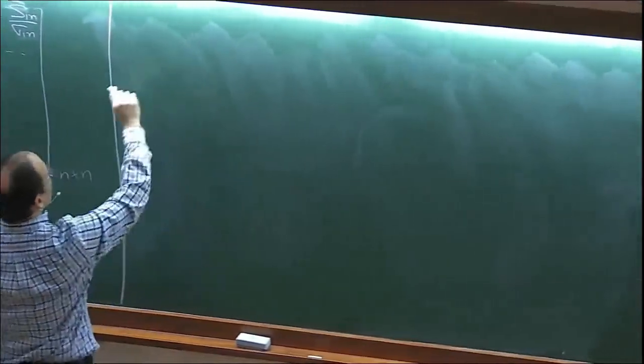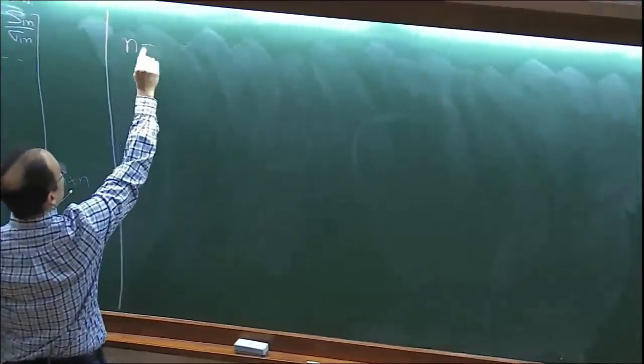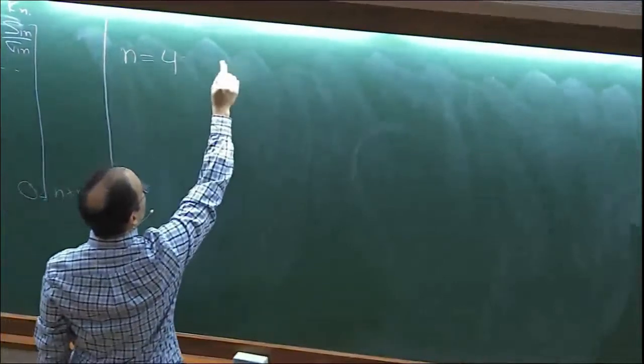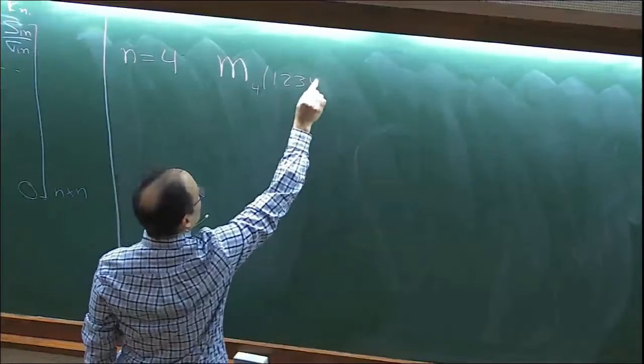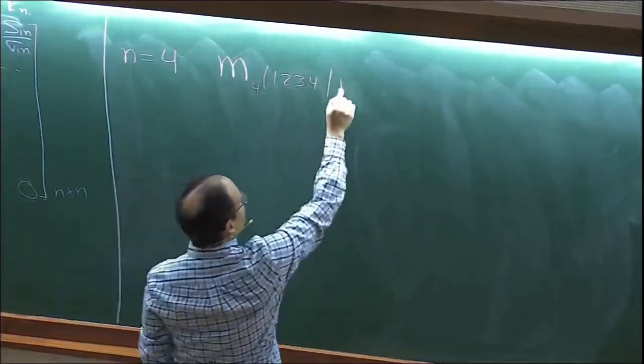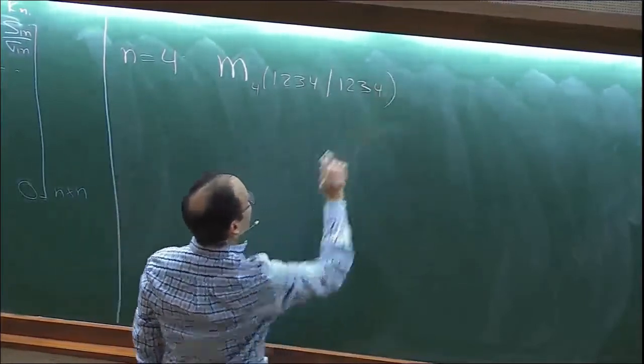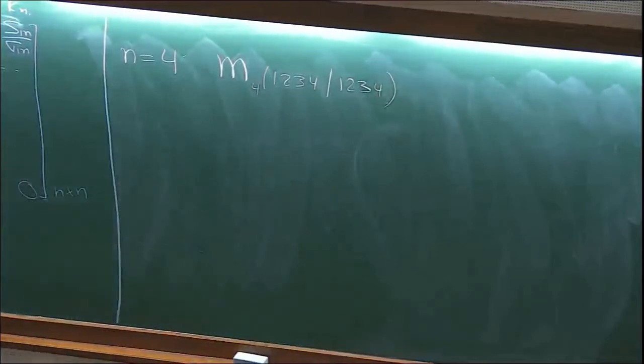So we want to compute this amplitude in the bi-adjoint scalar theory with the same ordering for both flavor factors.